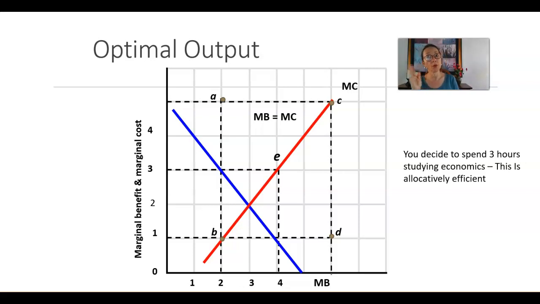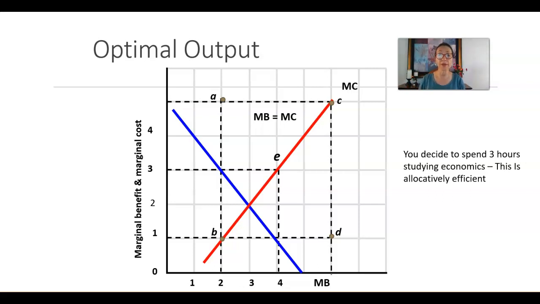Okay, would you do 4 hours of economics study and 0 hours of accounting, 2 and 2, 0 of economics and 4 of accounting? So you have to decide, you have to weigh your benefit for studying an extra hour versus the cost of studying an extra hour. And this is a personal decision that you have to make, because again, this I think would be something of a value judgment.